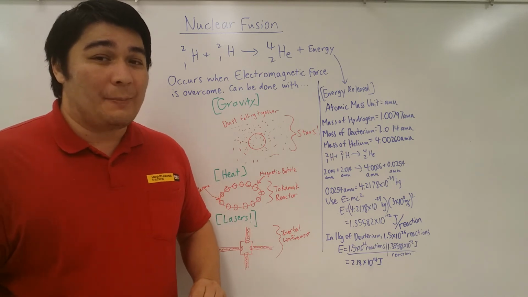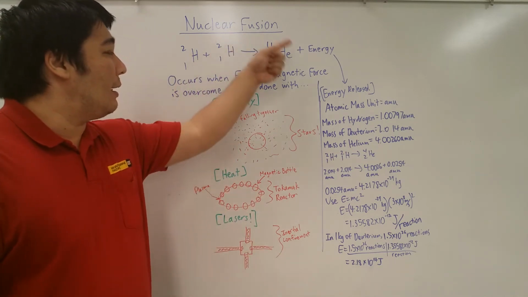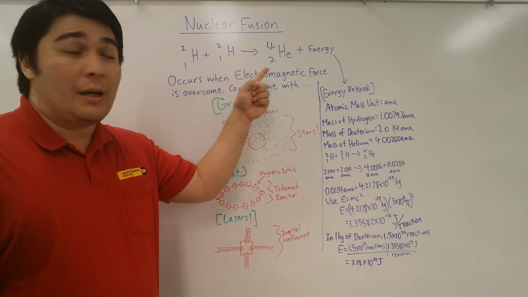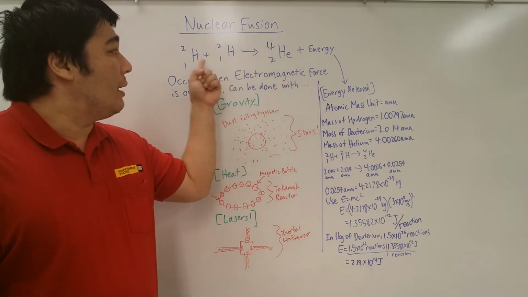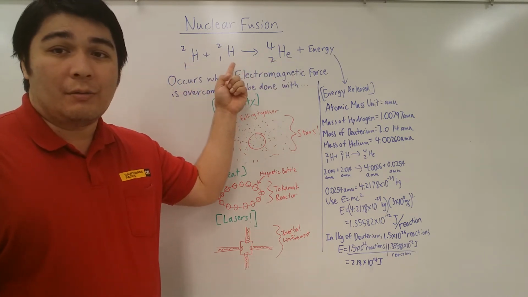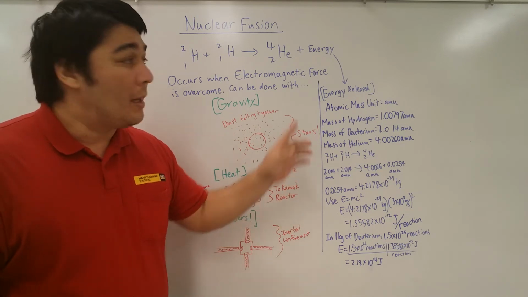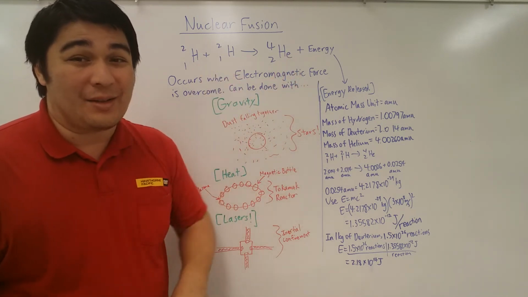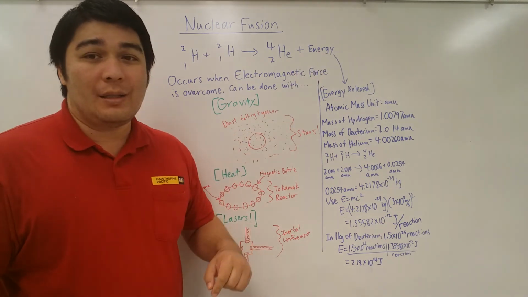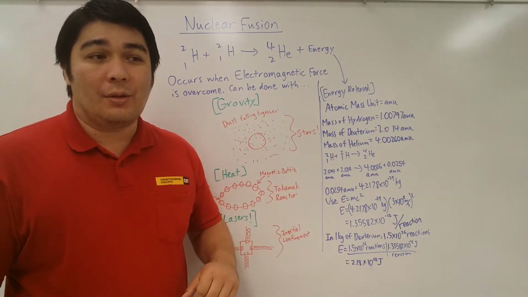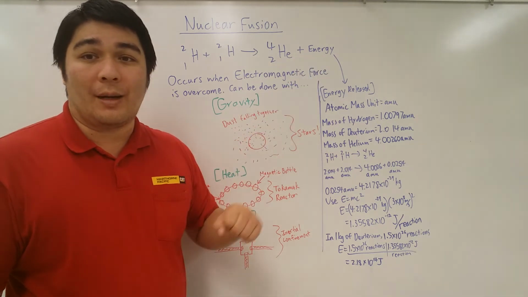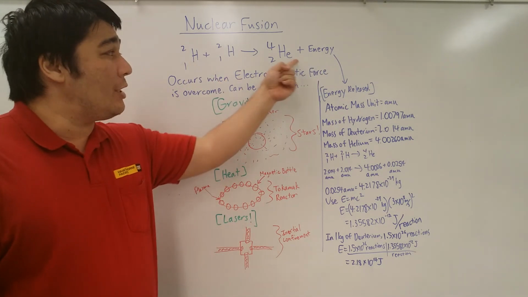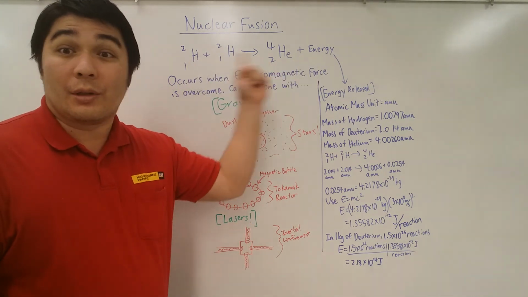Also, one thing to keep in mind, when you've got this equation, you've got hydrogen. None of that's radioactive. At the end, you've got helium, which is also not radioactive. You've got energy. This is in the form of heat. So, well, that heat's not radioactive. So notice in this equation here, there is no nuclear waste.